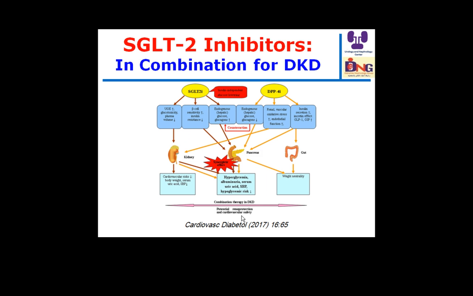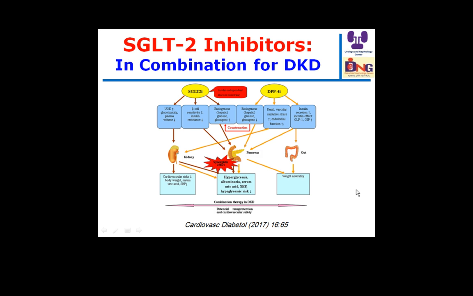In combination with DPP-4 inhibitors, as you see here, the DPP-4 inhibitor will reduce the glucagon secretion stimulated by sodium glucose cotransporter 2 inhibitors. So combining the actions of DPP-4 inhibitors with sodium glucose cotransporter 2 inhibitors, you will find at the end of the day improvement of the kidney.